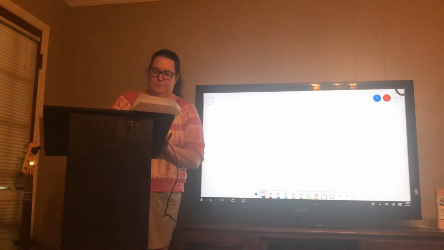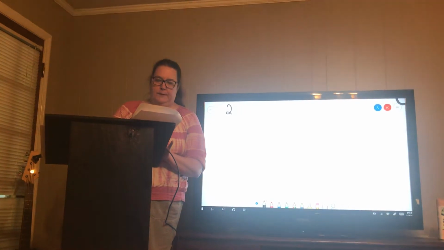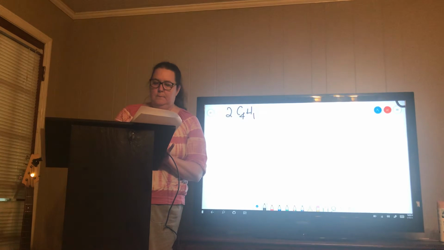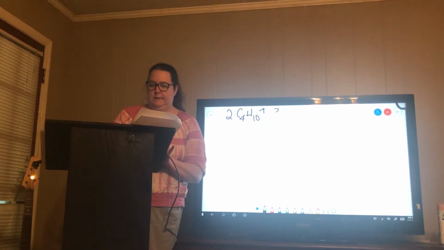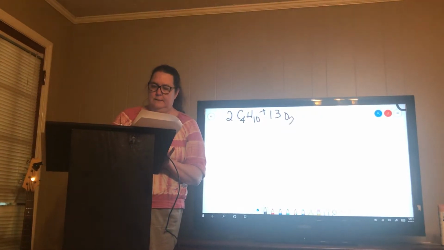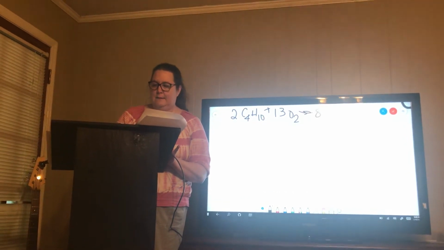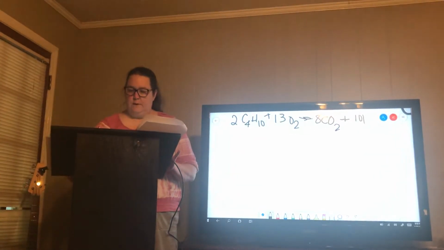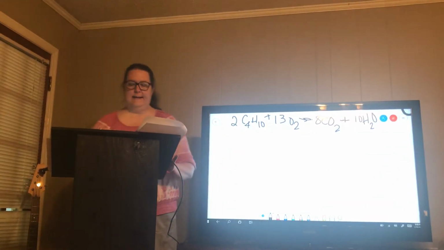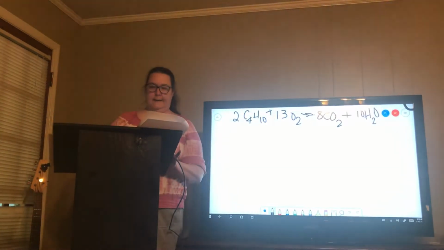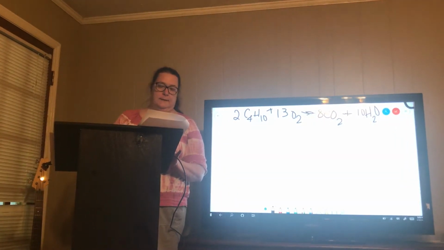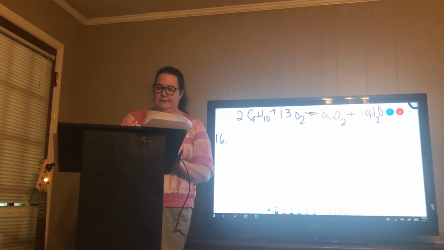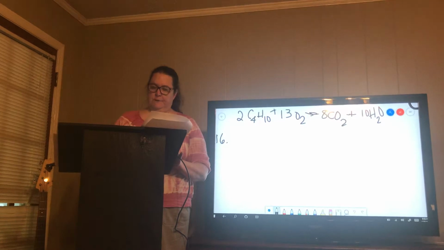All right, so 2 butane. That's what you find in cigarette lighters. Plus 13 oxygens yields 8 carbon dioxide plus 10 waters. Okay, so that is my chemical reaction, and it is balanced. Okay, number 16 says how many grams of CO2. Okay, so we're looking for CO2.